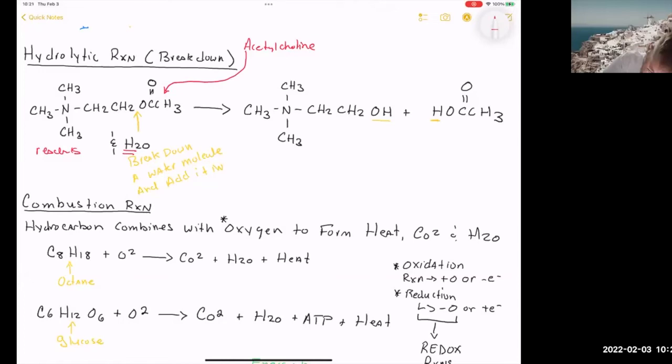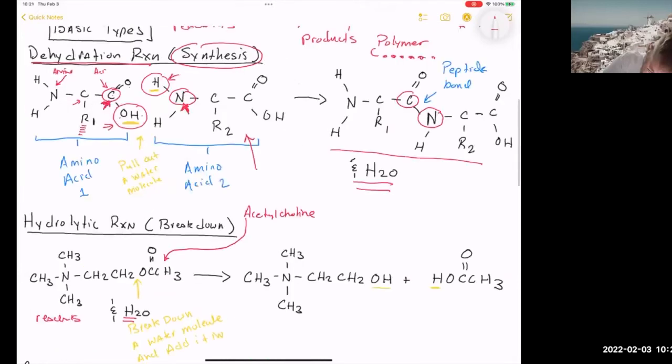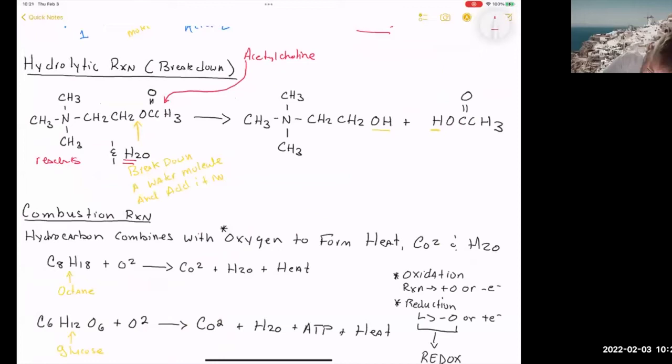So up here, we're binding amino acids together to form peptides, but multiple peptides eventually will form a protein. Down here, we're breaking a molecule down. So we're breaking acetylcholine down into acetic acid here and choline here.